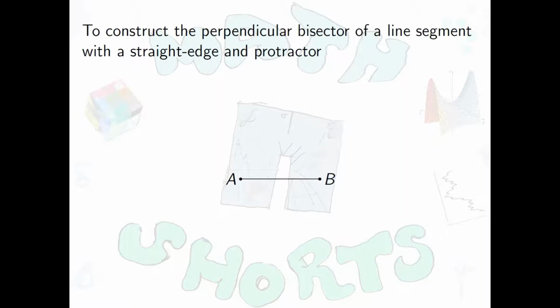So if we want to construct a perpendicular bisector of a line segment using a straight edge and a compass, it's not necessary to draw the full circles. We can get by using only arcs. That is, we know that it's going to go through the midpoint, so we don't have to draw the full circle.